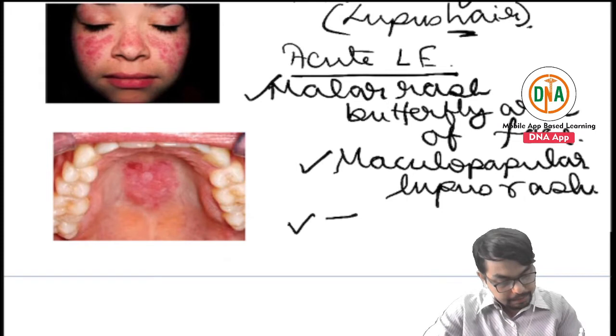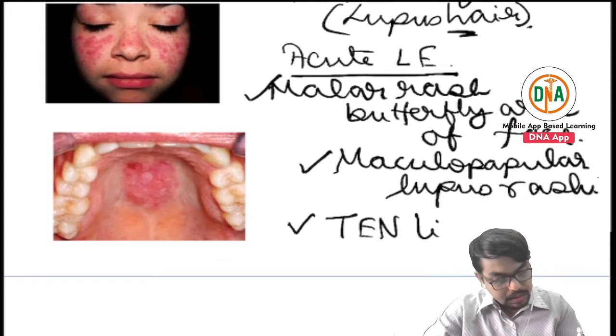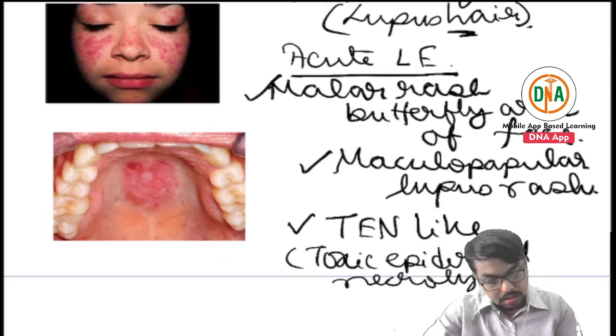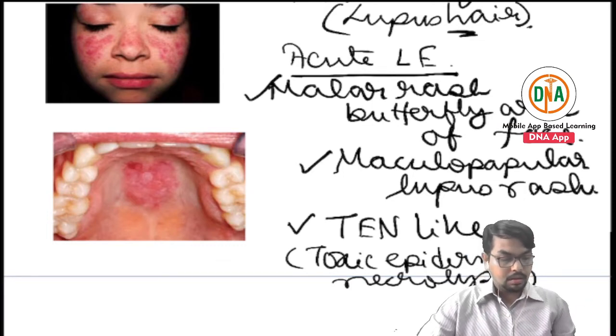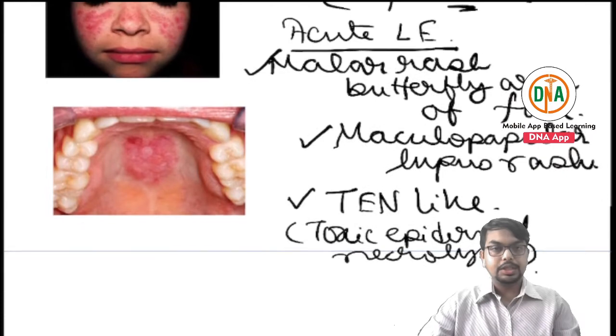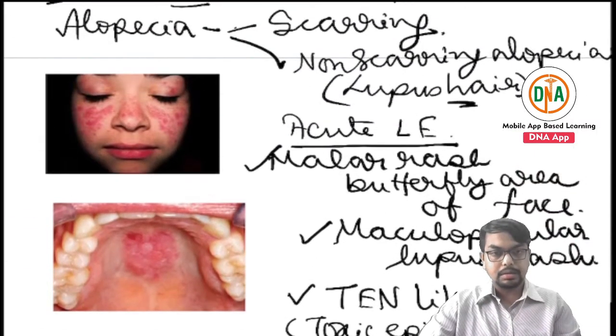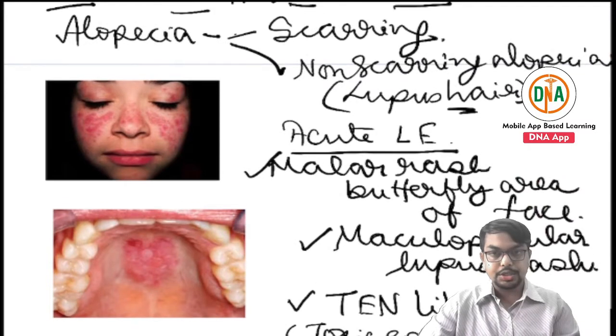Number 3, we can also get TEN-like lesions, that is toxic epidermal necrolysis. These three types of lesions are seen in acute lupus erythematosus: malar rash, maculopapular rash and TEN-like lesions.